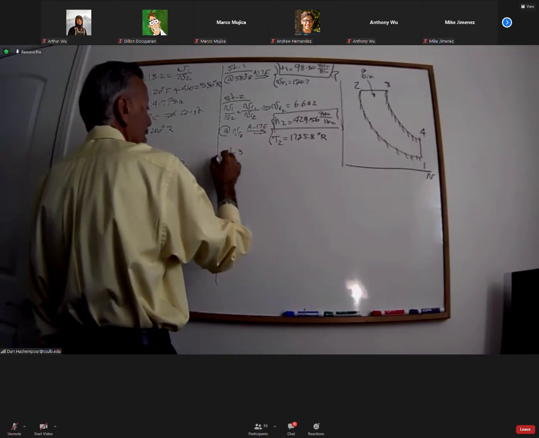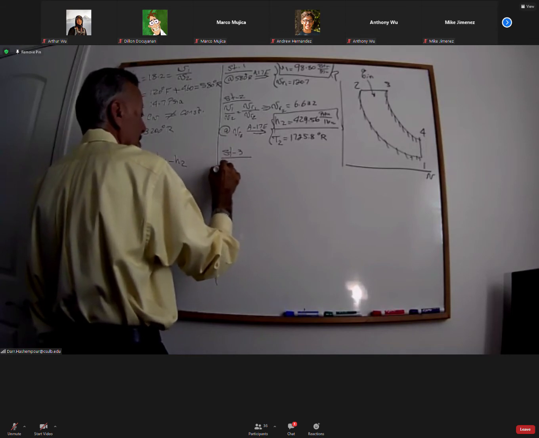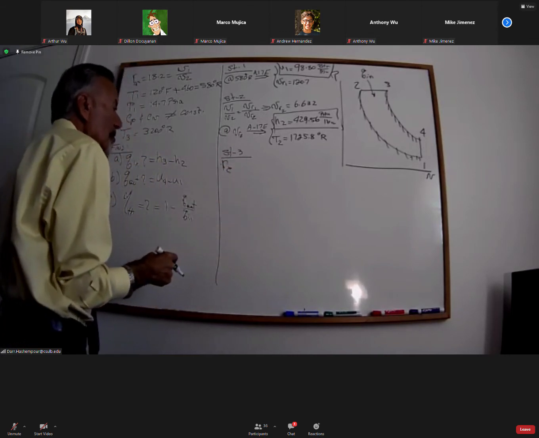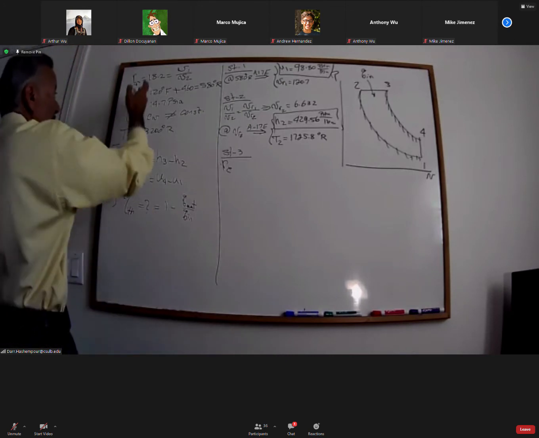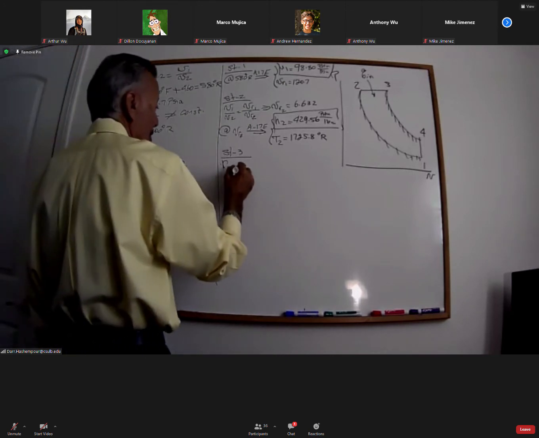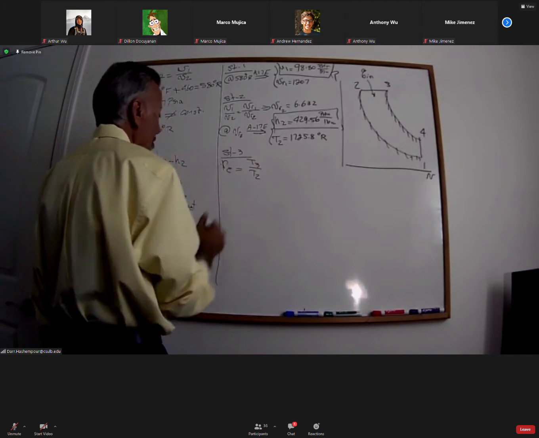state 3, I need to find R of C, because I cannot solve a problem without the cutoff ratio. Cutoff ratio is not given to me, but I know that it's equal to T3 over T2.